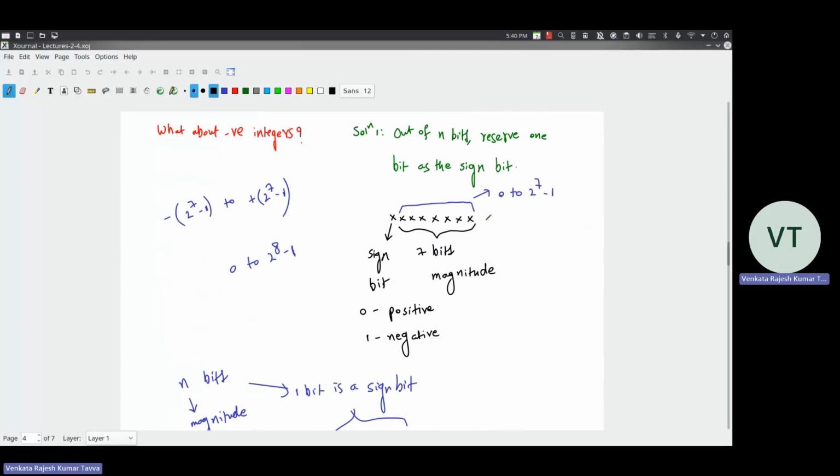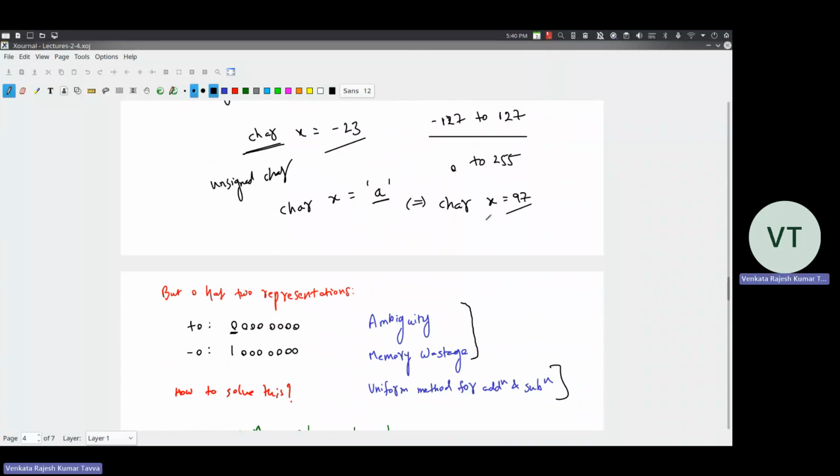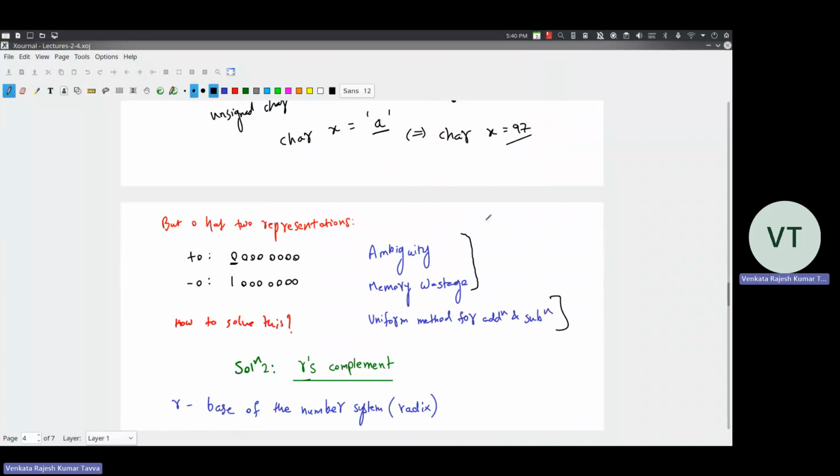But there is an issue with this representation: you will have two representations for zero, for plus 0 as well as minus 0. This will lead to ambiguity and memory wastage. Another thing which we will discuss today is that to add negative numbers, you need to use a different method than what you use to add positive numbers.